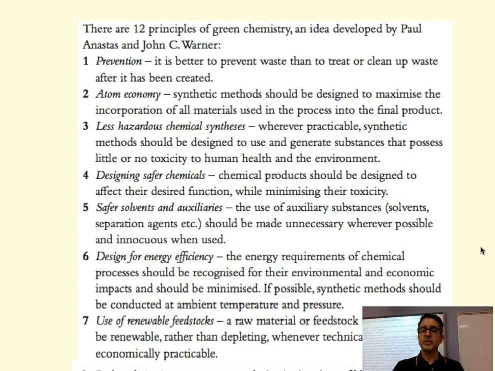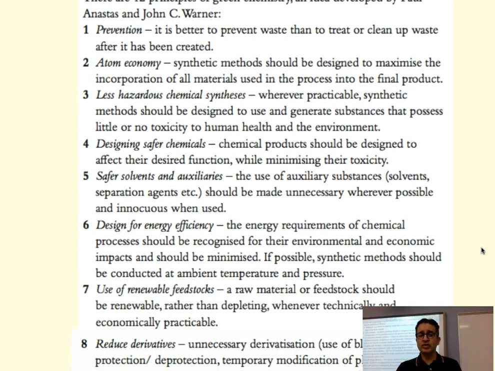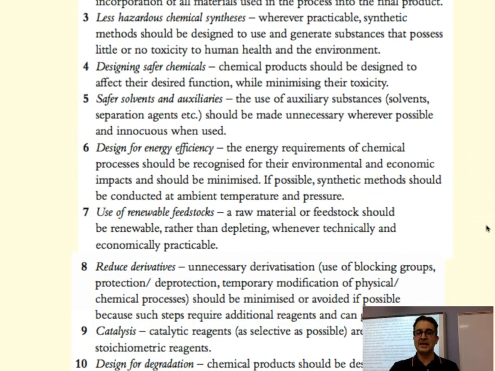Number 3 is use less hazardous, less toxic chemical synthesis. So try whenever possible to use materials that are less toxic. Replace some of those chlorinated solvents with non-chlorinated solvents, even if it may mean that the process takes a little bit longer. Design your chemical itself to be less toxic.